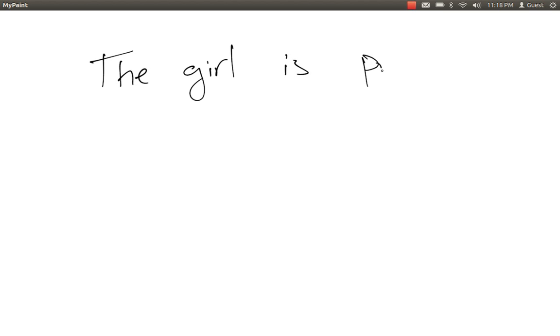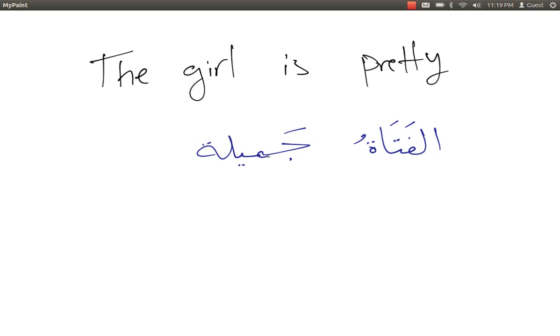is pretty. We said that the translation for this is الفتاة جميلة. Okay, now how do we transform this into was pretty? The girl was pretty.